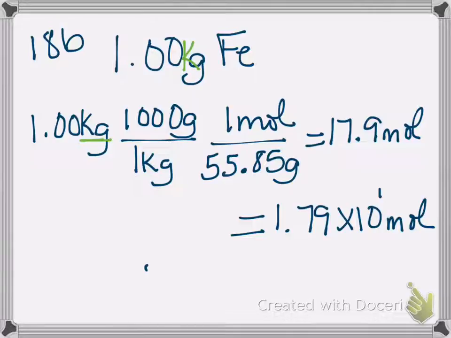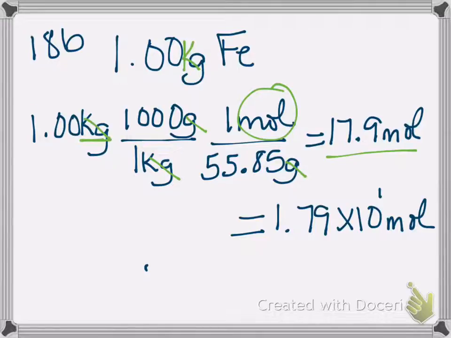So 1 kilogram, we're going to multiply that times 1,000 grams in 1 kilogram, so we can cross out those kilograms. Then we need to get to the moles. So now we have 1 mole of iron weighs 55.85 grams. We can cross out grams. We're left with moles. We do the multiplication and the division, and now you have 17.9 moles.